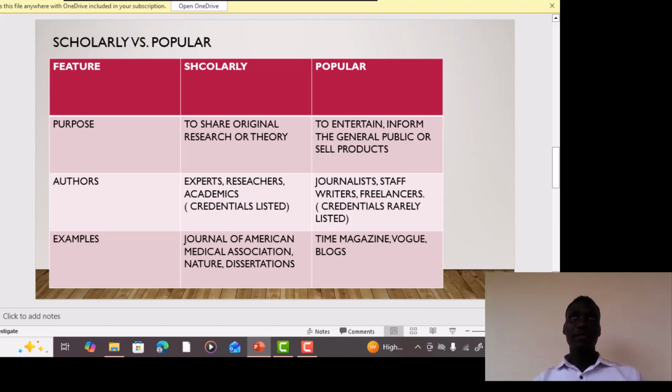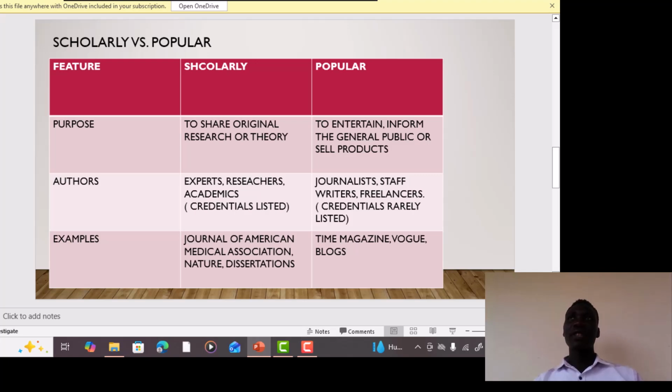Now, looking at the authors: for scholarly information, we realize that it's basically experts, researchers, and academics, and their credentials are listed. Meanwhile, for popular information, you have journalists, staff writers, and freelancers. Freelancers are people who are self-employed.